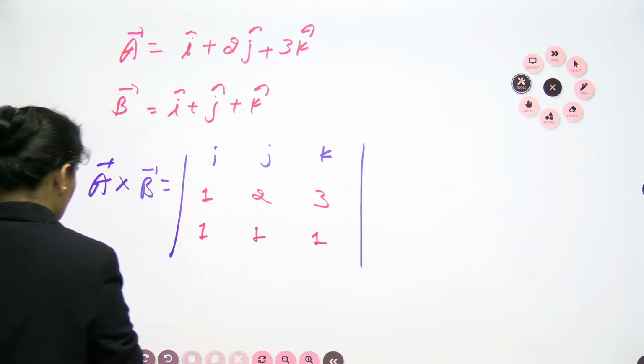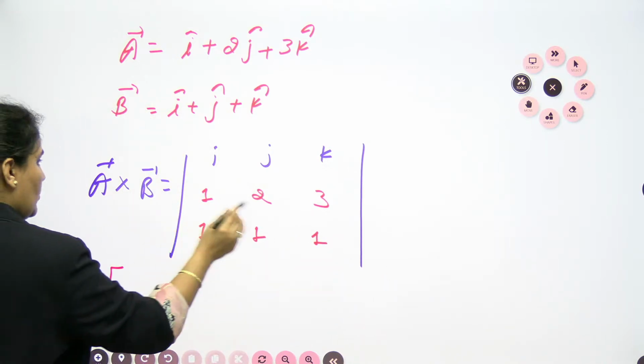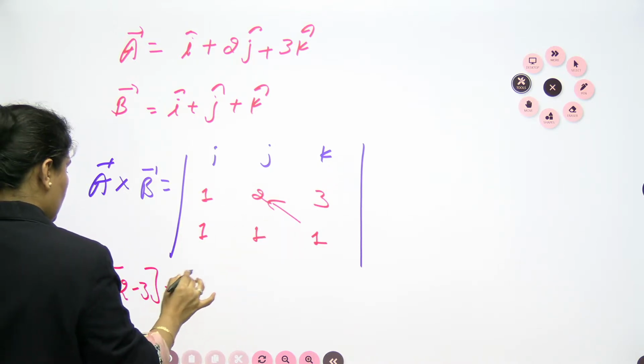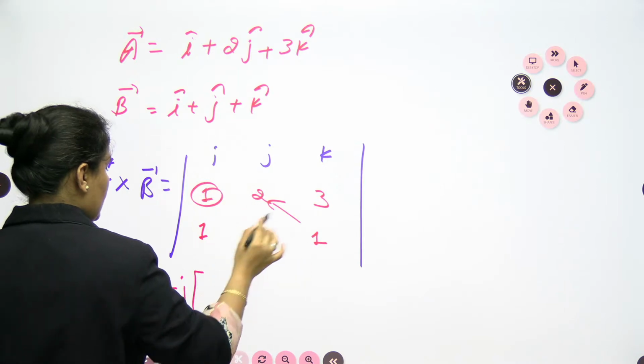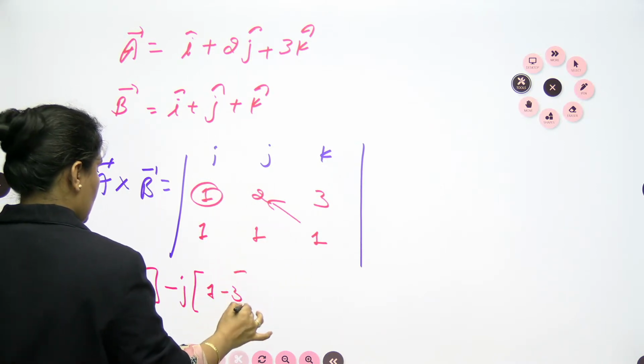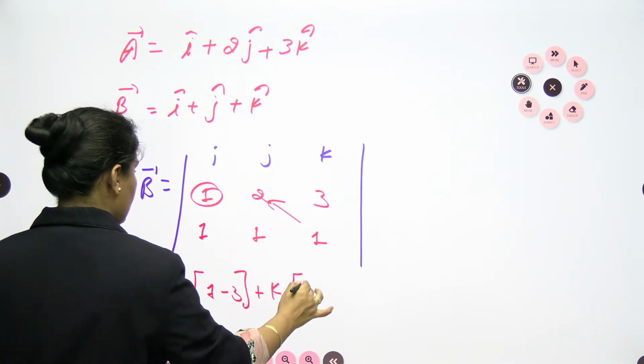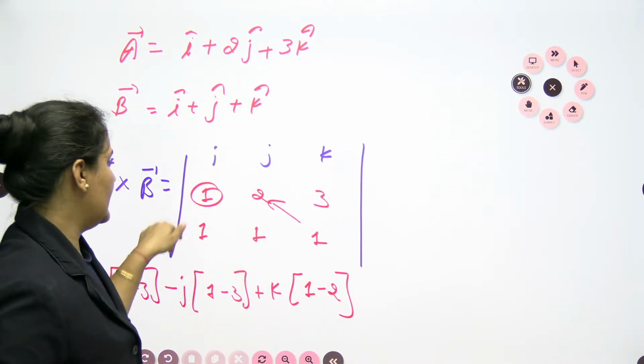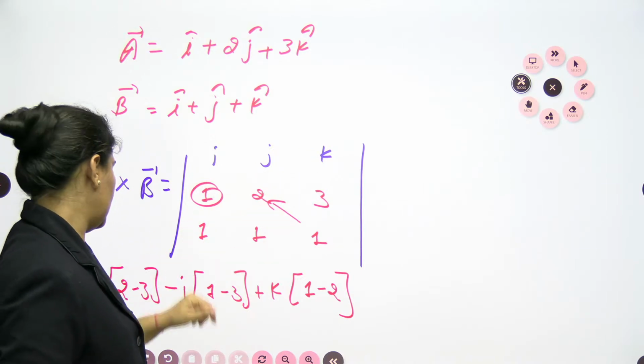So let's solve it. With respect to i, this will be 2 minus 3. For minus j, this will be 1 minus 3. For k, this will be 1 minus 2.